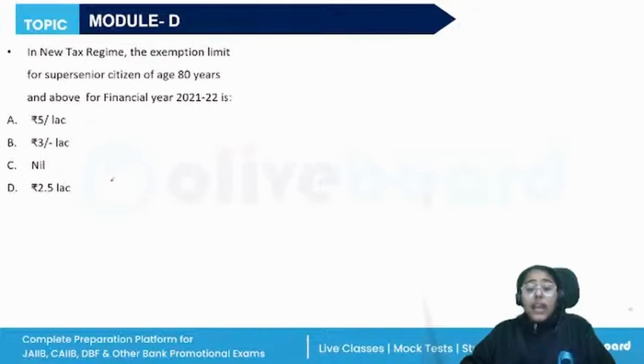Now, in this chapter, tax planning, we need to understand the meaning of financial year, assessment year, previous year, then the residential status, then how we should choose between the old tax regime and the new tax regime. All of these things we have covered in the series where we are discussing the whole syllabus of RBWM.